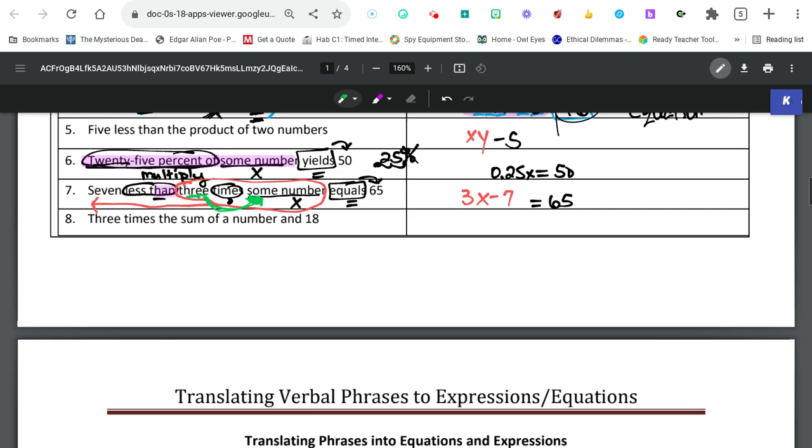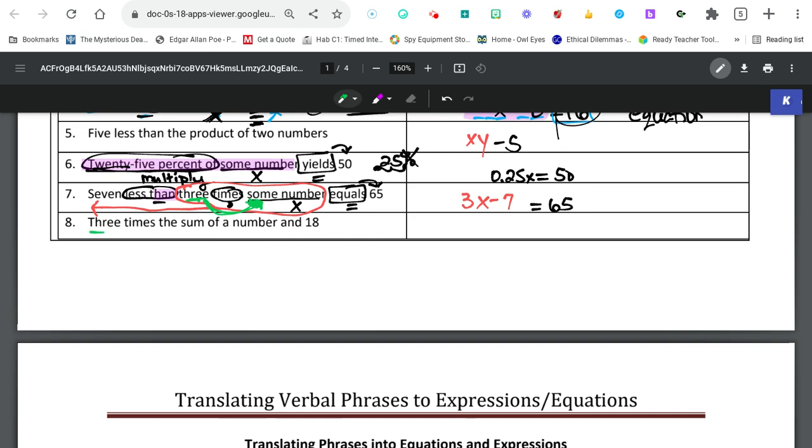So with that being said, it says 3 times the sum. Now I'm multiplying 3 by the sum of something, okay? Sum does mean I'm going to add, but I need to multiply 3 by the sum of something. Put that sum inside of parentheses. It's not 3 times some number. It's 3 times the sum of a number, which I'm going to call x, and 18.